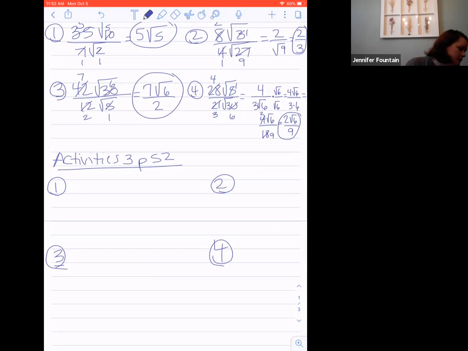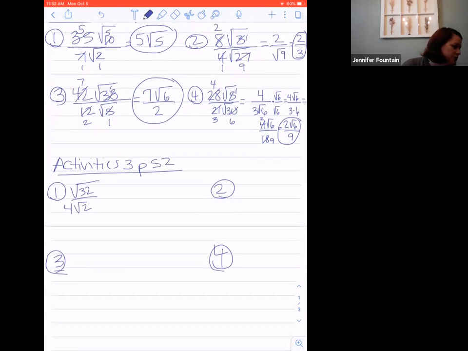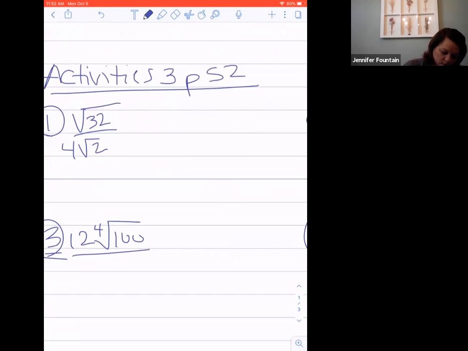So 1 would be the square root of 32 over 4 times the square root of 2. Number 2 will be 5 times the square root of 10 over the square root of 50. 3 is 12 times the 4th root of 100 over the 4th root of 162.